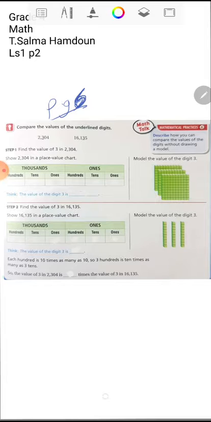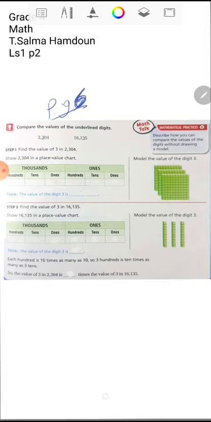First I will put the first number in this chart, and then the second number in this chart, and then I will compare the number 3 here and the number 3 here.